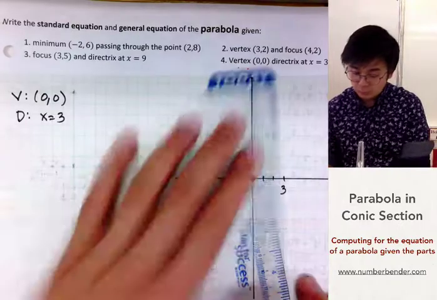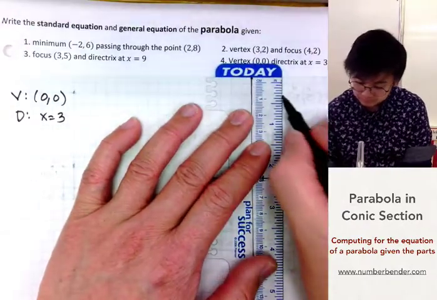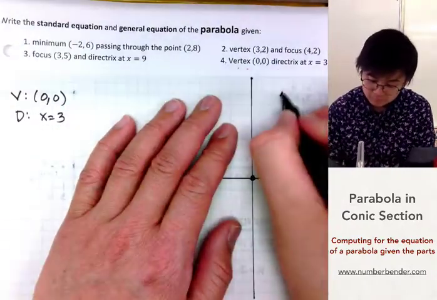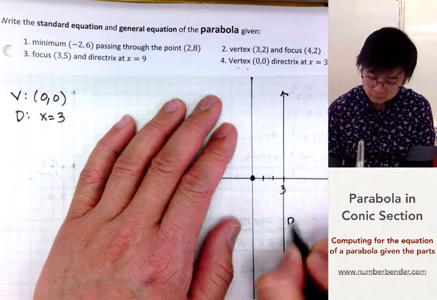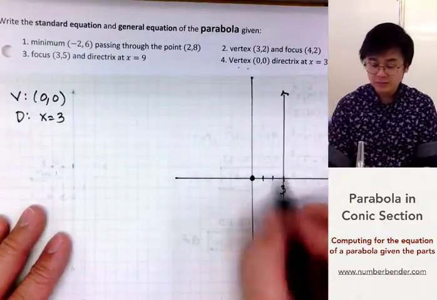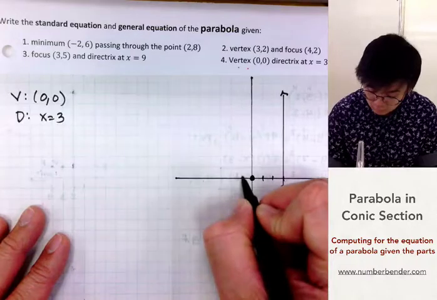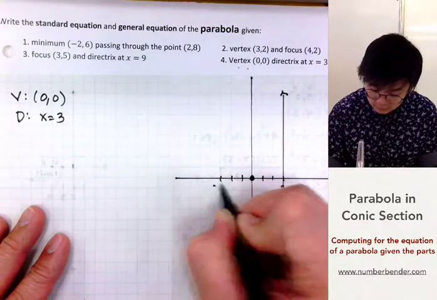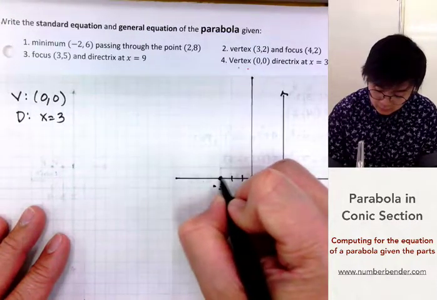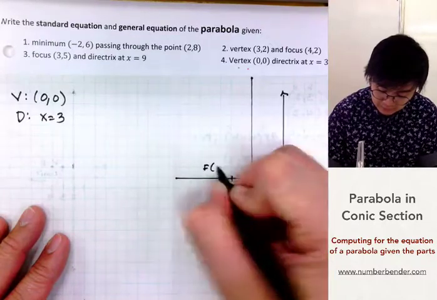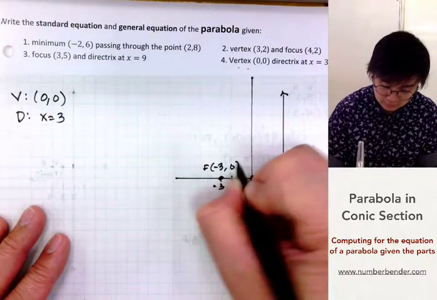So this is our wall. And the focus is opposite the directrix, so 1, 2, 3, negative 3. So F is at negative 3, 0.